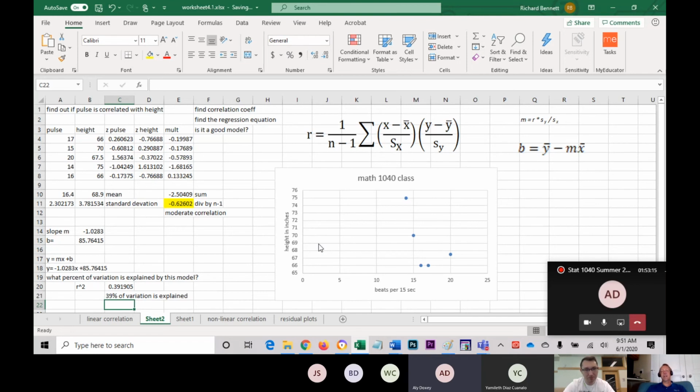Yeah. So let's think about this for a second, though. We're just trying to say that pulse is your explanatory variable for your height. What might be some other things that would affect a person's height besides your pulse rate?